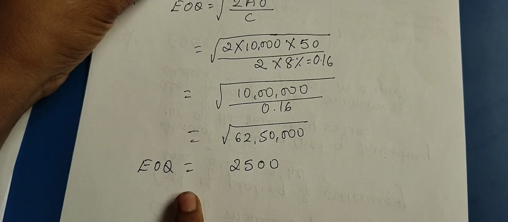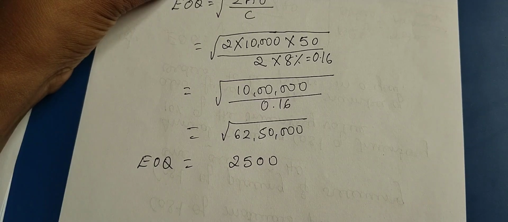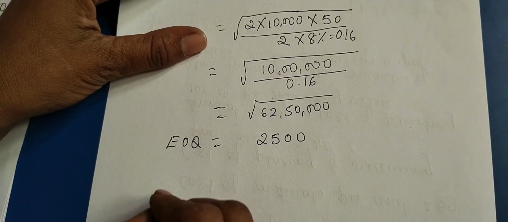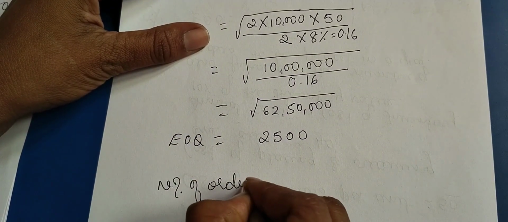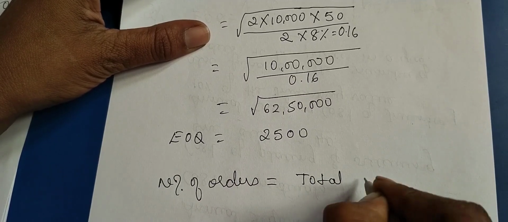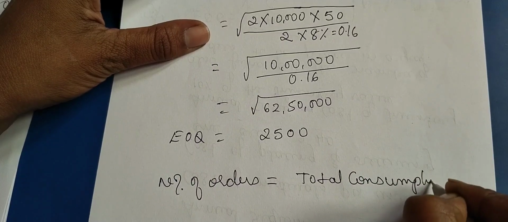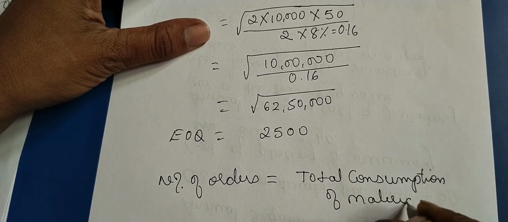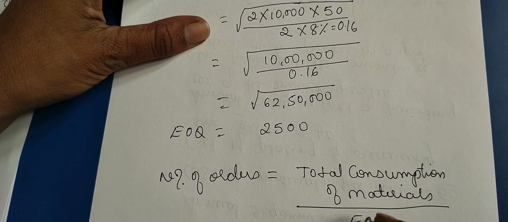Now what do we need to calculate? We have calculated EOQ, how many quantities they can order. Now how many orders they can place. For that, the formula is number of orders equals total consumption of materials by EOQ.